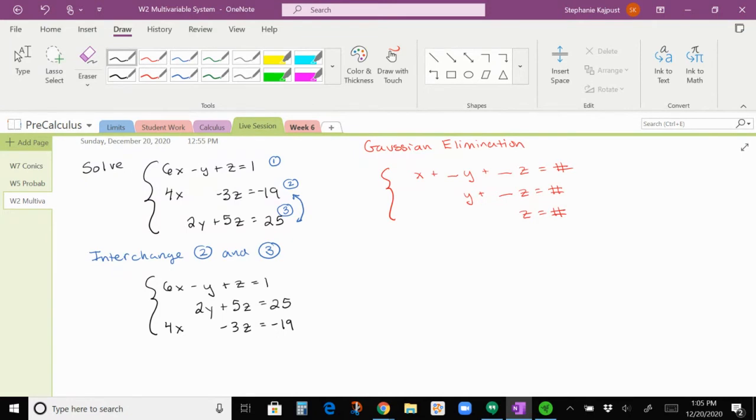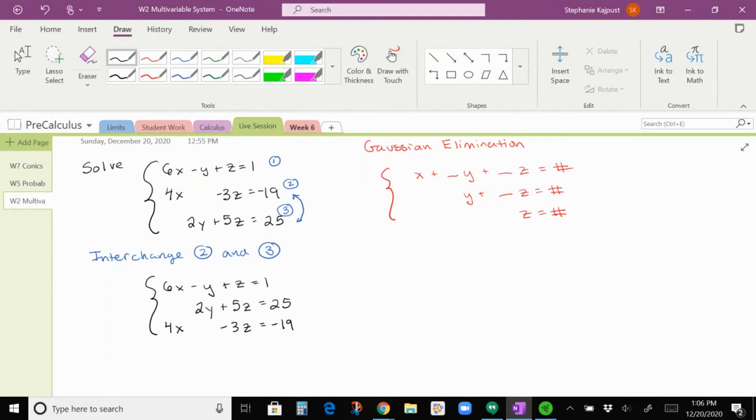So our goal is let's just get it in the right form where you have 3 variables, 2 variables, and 1 variable, and then worry about our coefficients. So we want to try to get just z in that final step. We want to somehow get rid of the x.